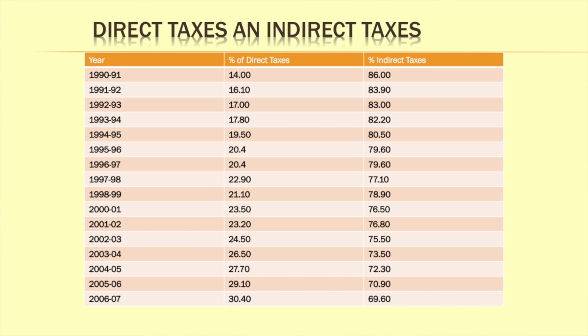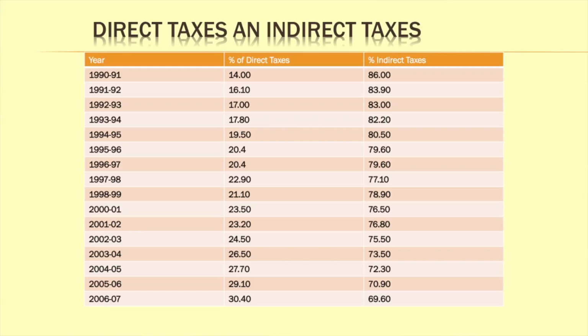All these are indirectly collected whenever you purchase any kind of commodity from the market. When direct and indirect taxes are put together, as we have seen in the last slide, both the taxes constitute about this much GDP.